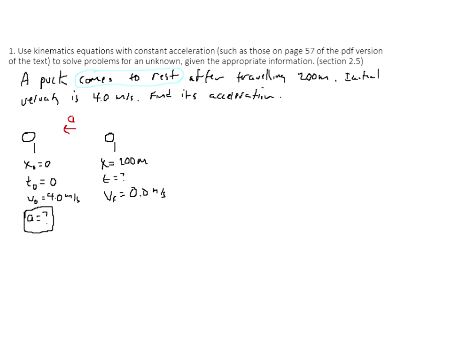So our strategy: use v squared equals v initial squared plus 2a times (x minus x0), and solve for a.